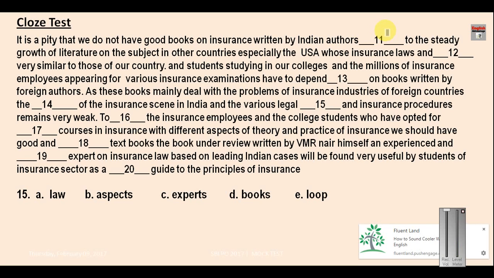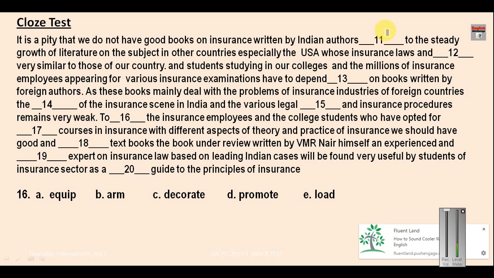Since various is given here, you need to put a plural noun. So here your correct answer will be aspects.